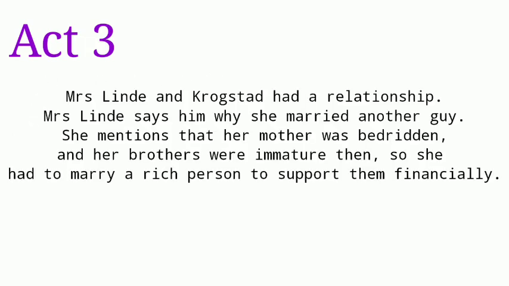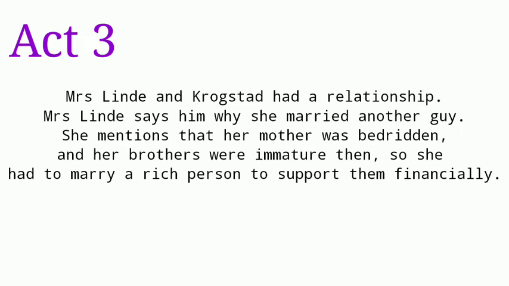Now, from their conversation, we come to know that they had been in a relationship before their marriage, and now she tells him the reasons why she had to marry the other guy who is now dead, because she had to financially support her ill mother and her two brothers who were not mature yet.